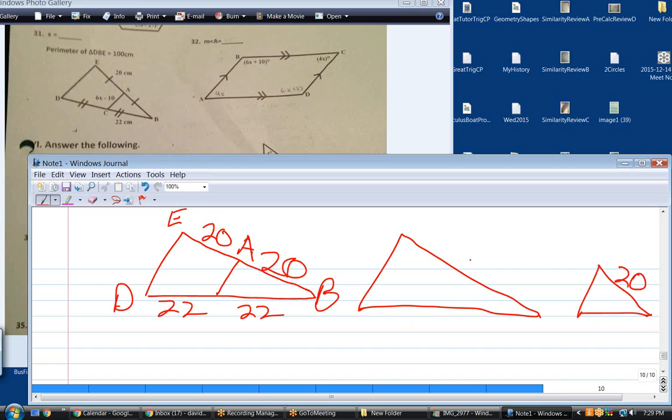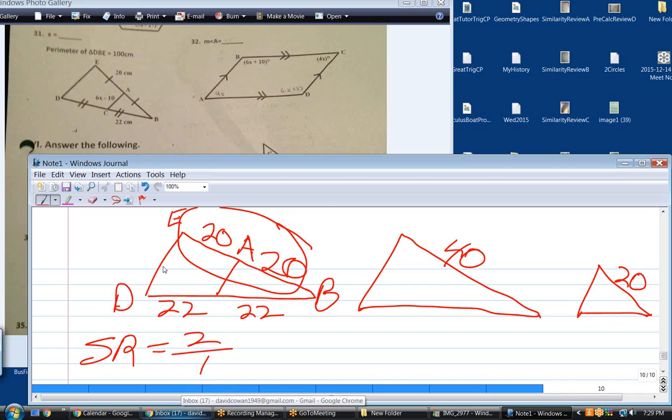That's 20. What's this side? 20. What's that side? Oh, 40. What's my similarity ratio? 2 to 1. So the similarity ratio is 2 to 1. That means every single corresponding side of this big triangle has to be twice its corresponding side of this triangle.